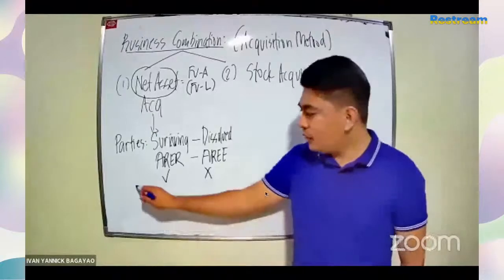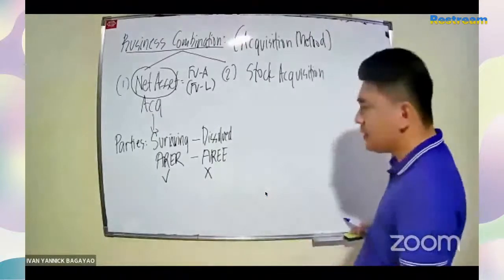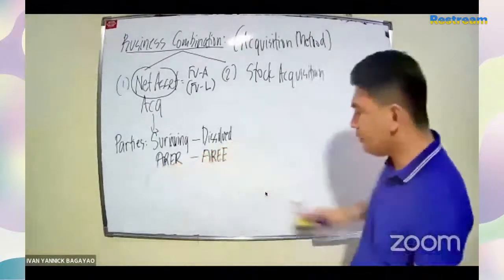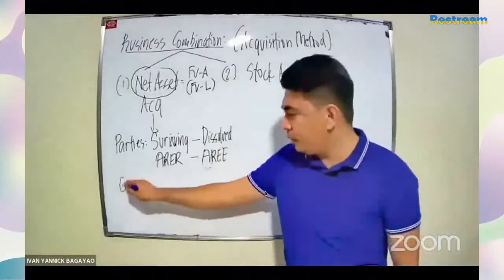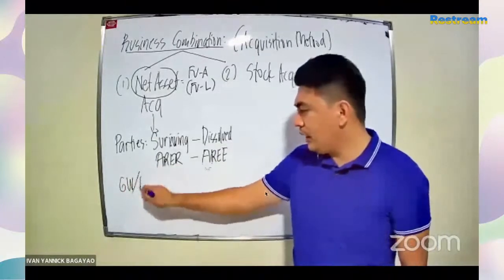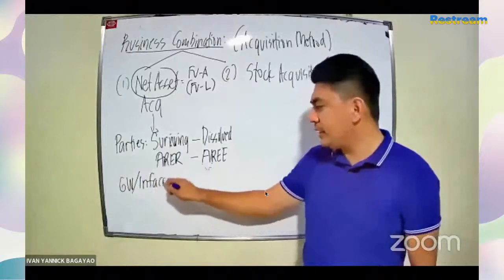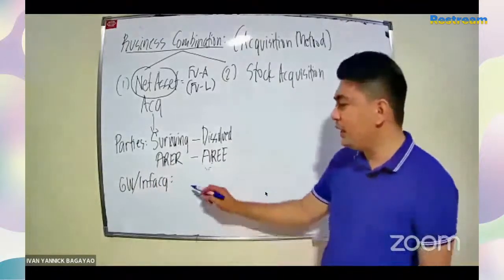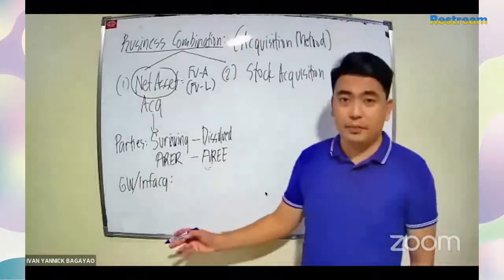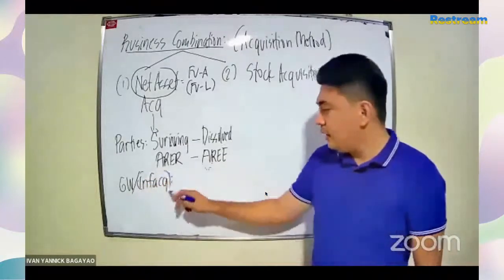So if the consideration transferred is higher than the fair value net asset, in computing for the goodwill or income from acquisition, we use the acronym INFAC, income from acquisition, or simply bargain purchase.